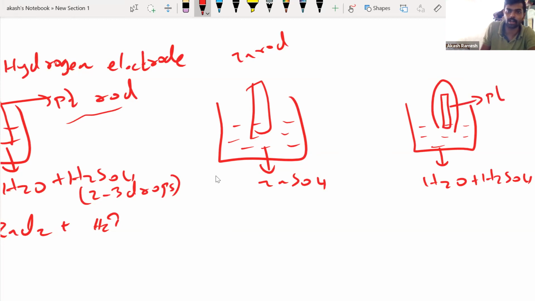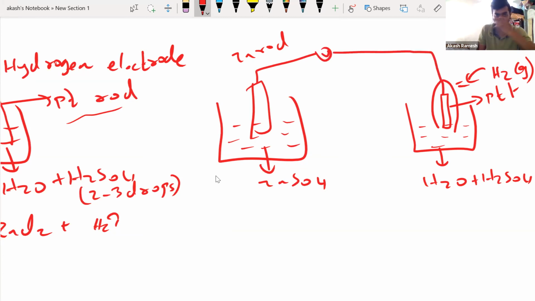This is the platinum rod, and I have an opening, and through this H2 gas is going to come. Now I have to connect it with a voltmeter. I put a voltmeter here, and obviously the voltage.